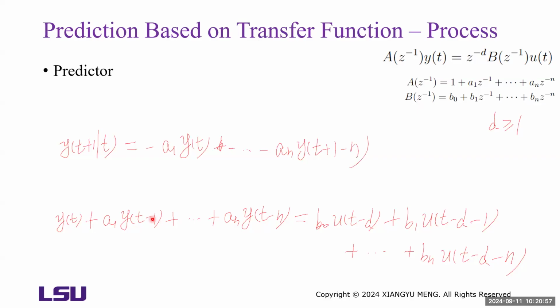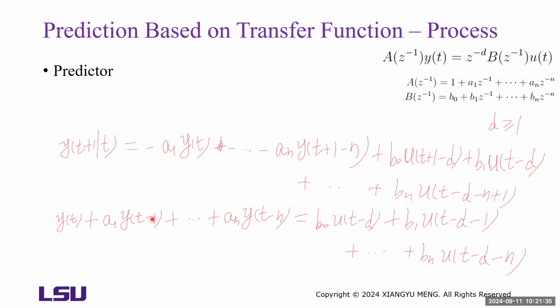Then the right-hand side has all the past control input: b0 u(t+1-d), then plus b1 u(t+1-d-1), which is u(t-d), until the last term bn u(t-d-n+1).